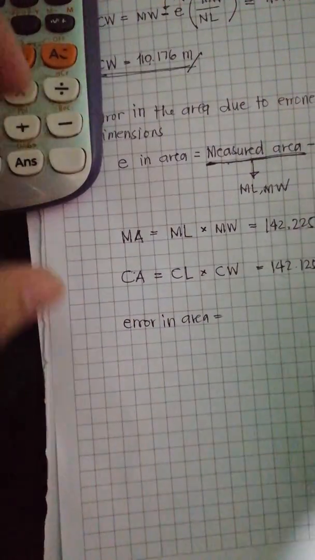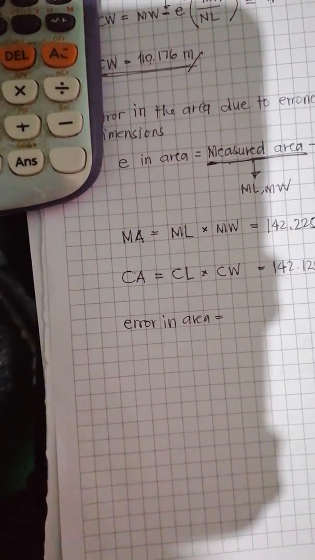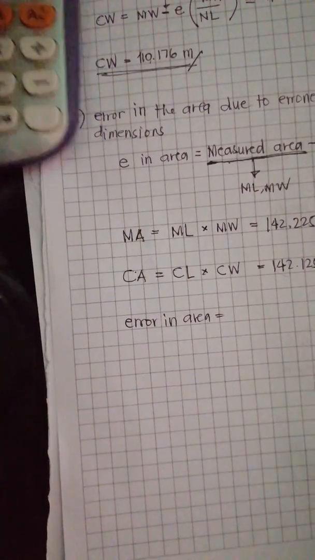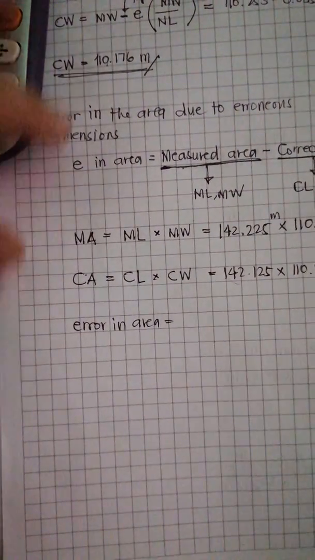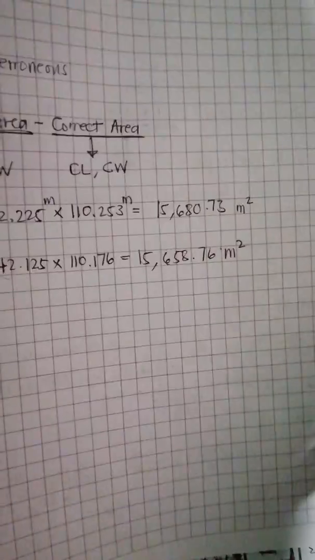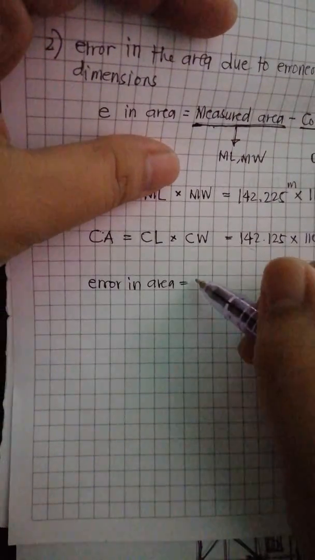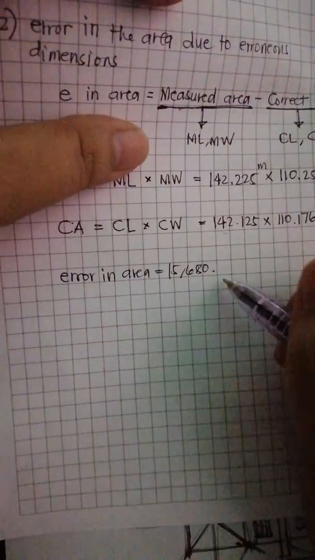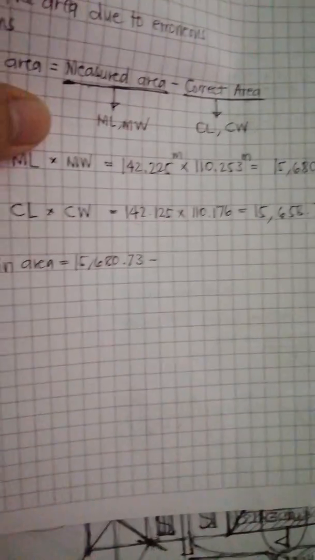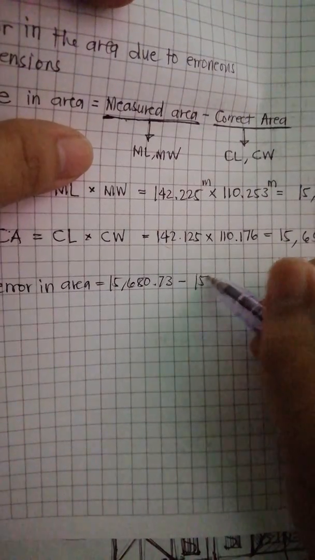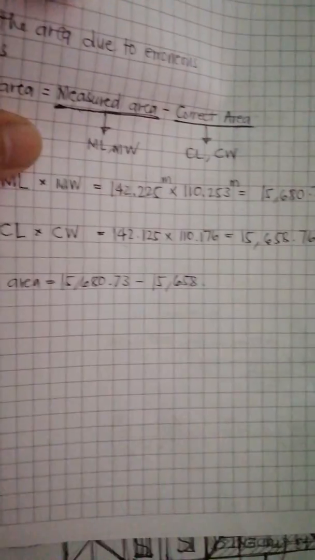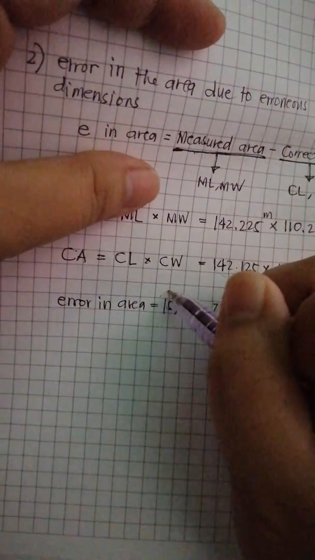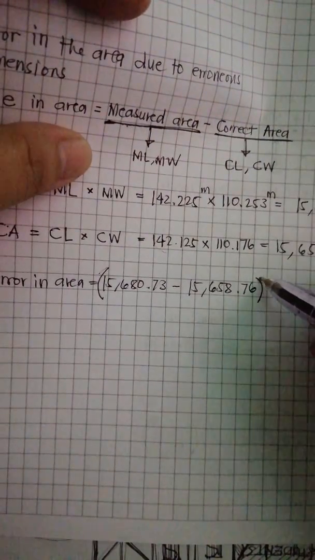Okay, to continue, the error now in the area is 15,680.73 minus 15,658.76. We have to get the absolute value.